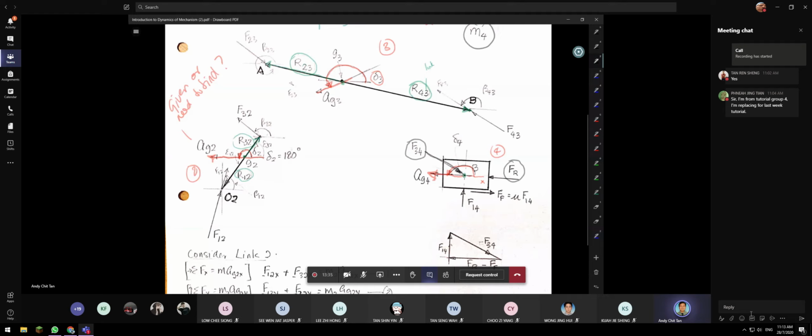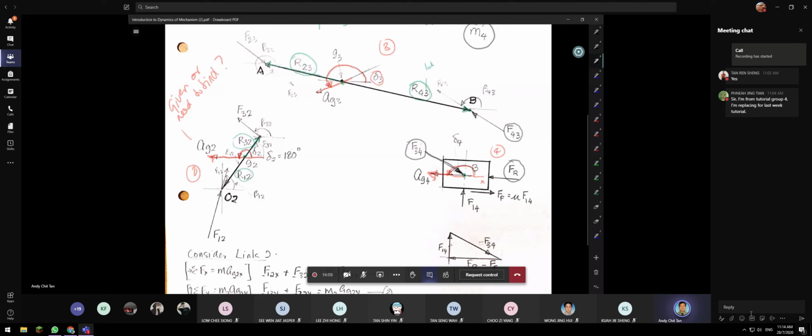This is the force of 3 acting towards 4, F34. The direction of this force is equal and opposite to F43. F43 means it is from link number 4 towards link number 3. You must use this notation in this manner, otherwise you will be confused. So F43 is opposite in direction to F34. The arrow is in the opposite direction.